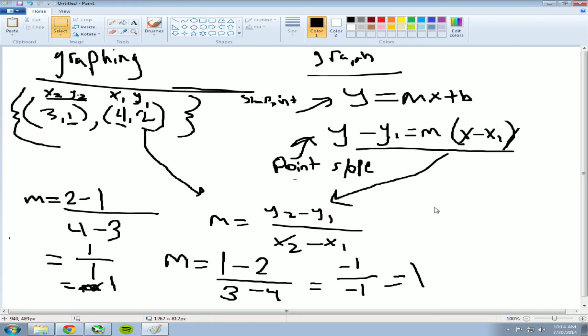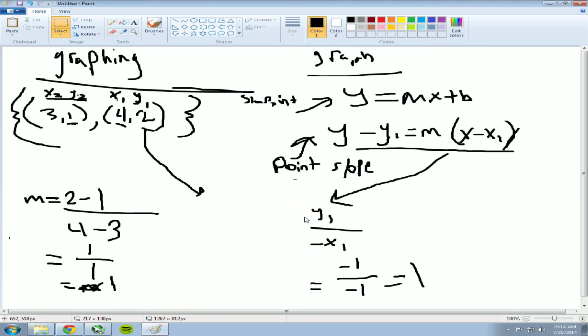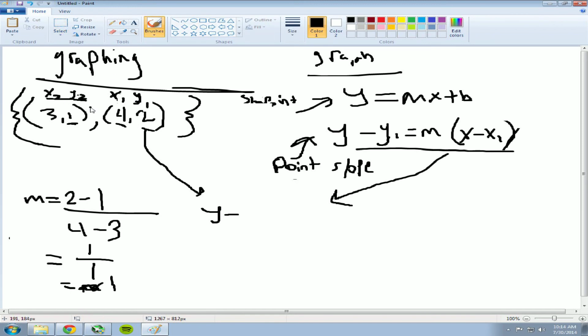Okay, so to finish up this video, now that we know the slope is 1, I'm going to put it all into point slope form, and then come out with the slope intercept form. So, point slope form says y minus y1 equals m times x minus x1. It doesn't matter which point.